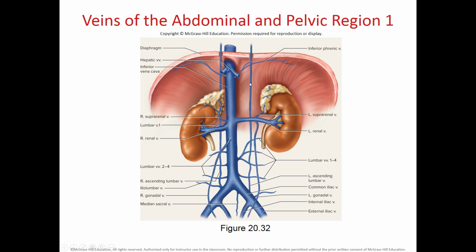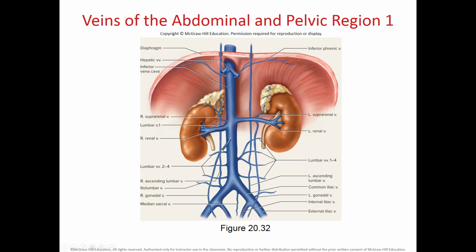Veins of the abdominal and pelvic region. So here we have the internal and external iliac. They merge or anastomose to form the common iliac. The two common iliacs, the right and the left, they merge or anastomose to form the inferior vena cava.